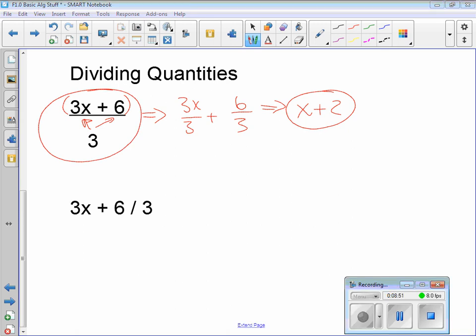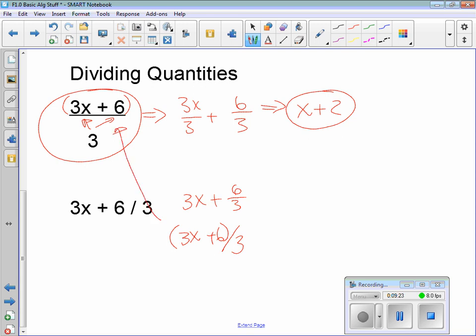Now take a look at this. This problem is a lot different than the one above. It has all the exact same characters typed up. And so what I want you to understand is this is saying I have 3x plus 6 divided by 3. Okay? Now if the writer of this wants you to actually take 3x plus 6 and divide that whole quantity by 3, the writer should do something like that, or write it where it's very obvious that everything is being divided.